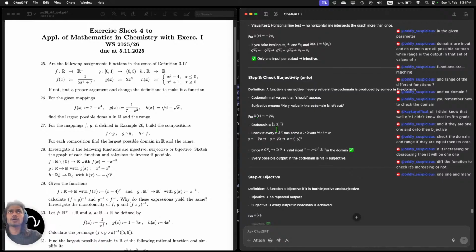Codomain equals y less than 0. Check if every y less than 0 has some x. How do you check it? x equals minus y raised to 6. Since y is less than 0, minus y is greater than 0. Wait, y less than or equal to 0, so minus y is greater than or equal to 0.